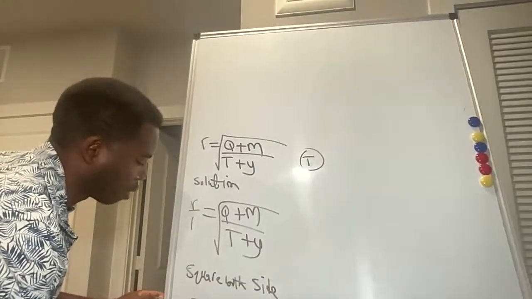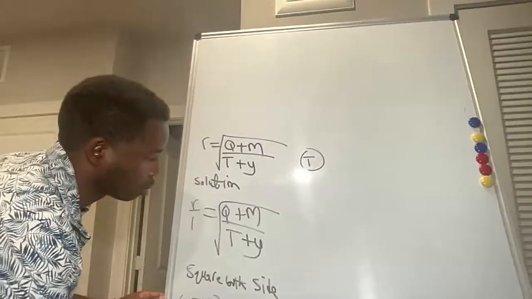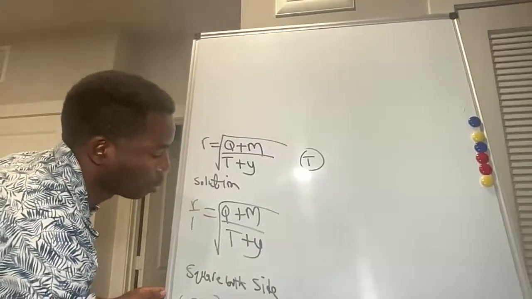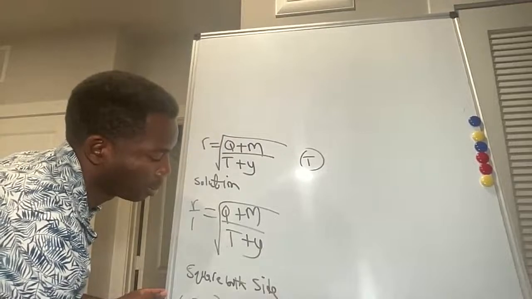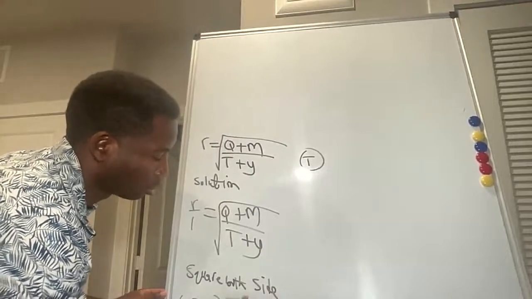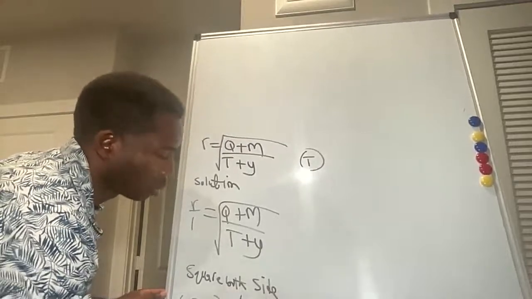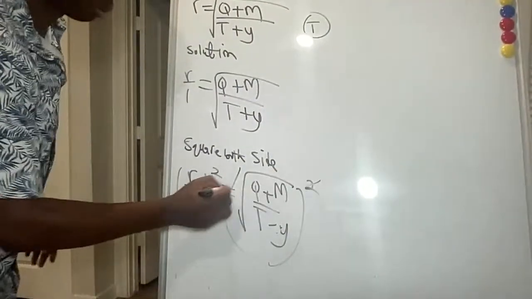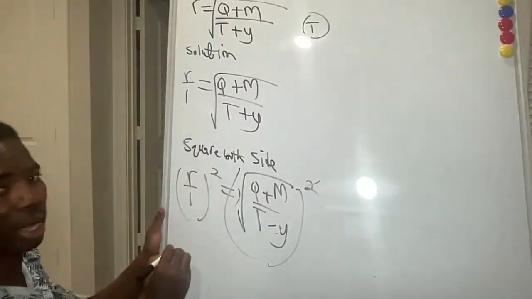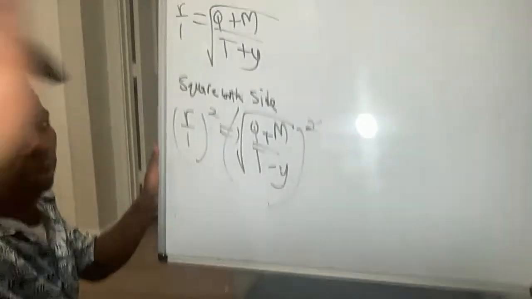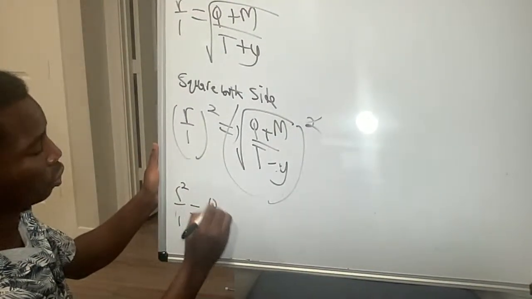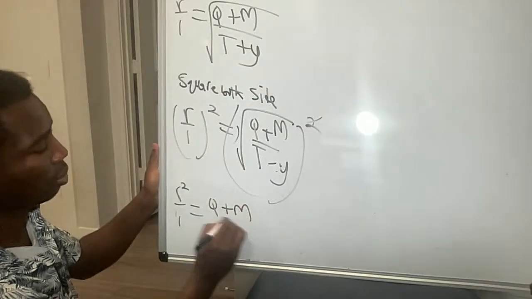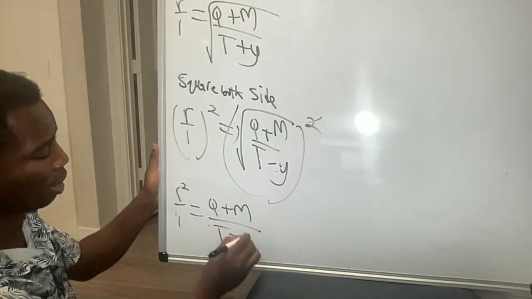So r over 1 square is equals to q plus m over t minus y, all to the power 2. 2 cancel 2. So we have r square over 1 is equals to q plus m over t minus y.